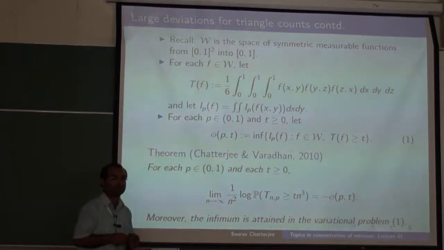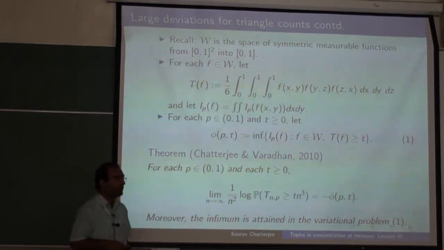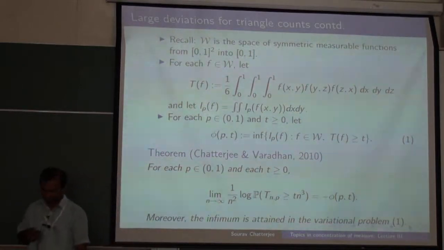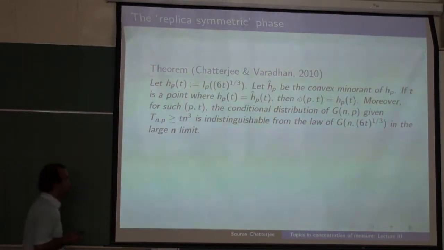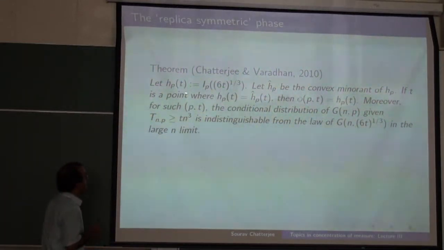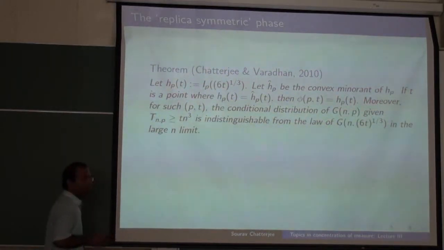Yes? Is there any intuition about what this set looks like? Which set? The set where you actually have that thing. Okay, I'll tell you a bit about that. Here is what I call the replica symmetric phase, drawing inspiration from spin glass terminology. Let h_p(t) be this function that I showed you before, I_p(6t)^(1/3). Let h_p hat be the convex minorant of h_p, the largest convex function lying below h_p.